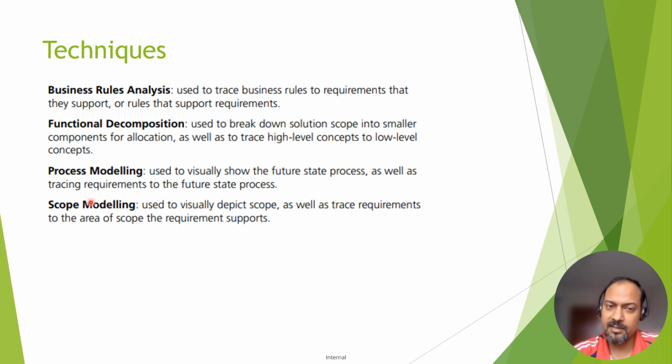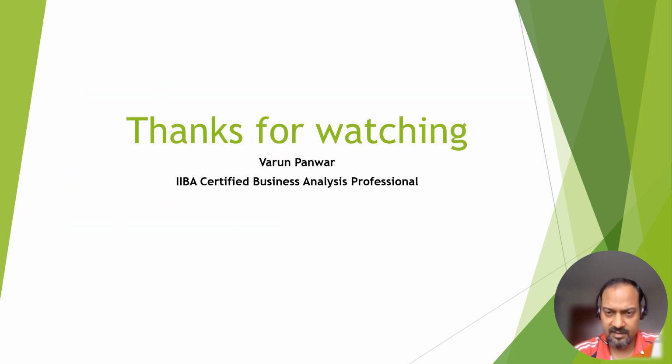We have process modeling, used to visually show the future state process as well as to trace requirements to the future state process. And scope modeling is used to visually depict scope as well as trace requirements to the area of scope the requirement supports. That's it for this activity, and I hope you are going along with me.